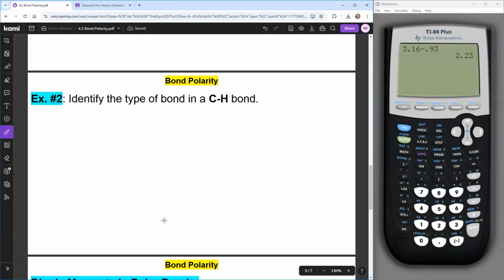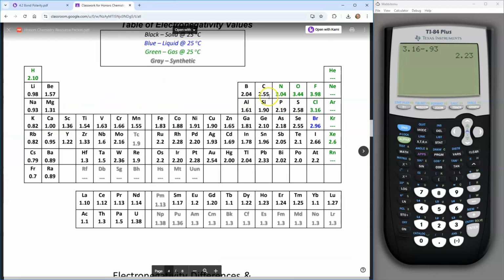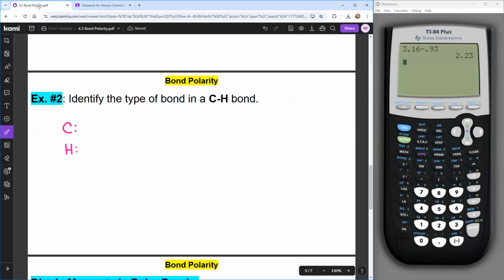All right, next example, CH. So we have carbon and we have hydrogen. Carbon 2.55. Yeah, this is literally all there is to it. You're just subtracting some numbers. Hydrogen, 2.10.